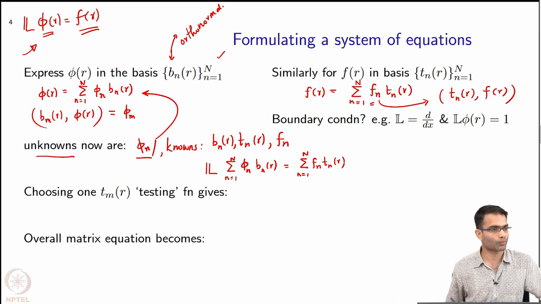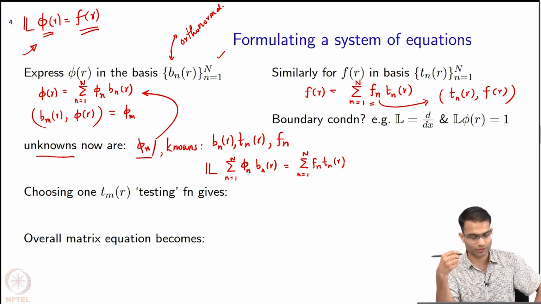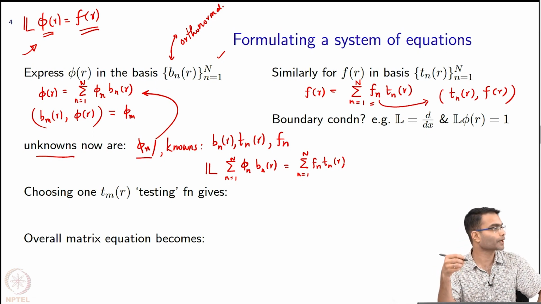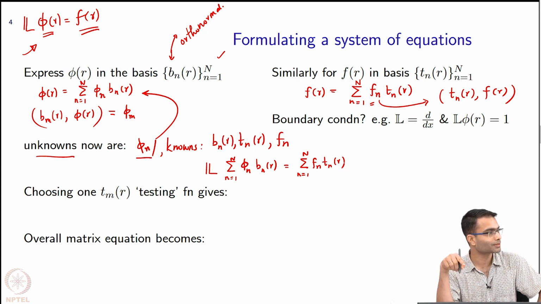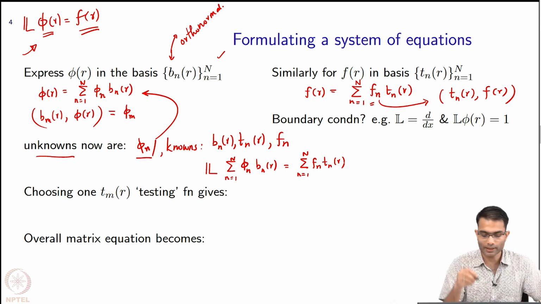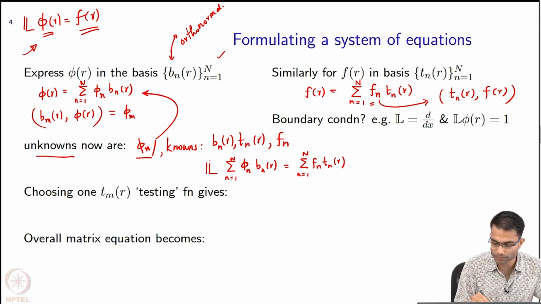Now, here is what the method of moments prescribes. In order to get a system of equations for phi n, what should I do? Any hints? L will anyway go inside, because phi n is a number.